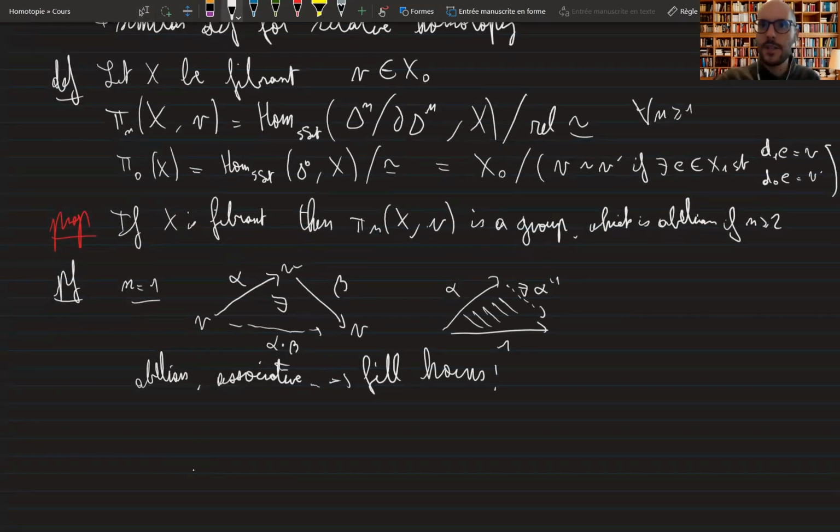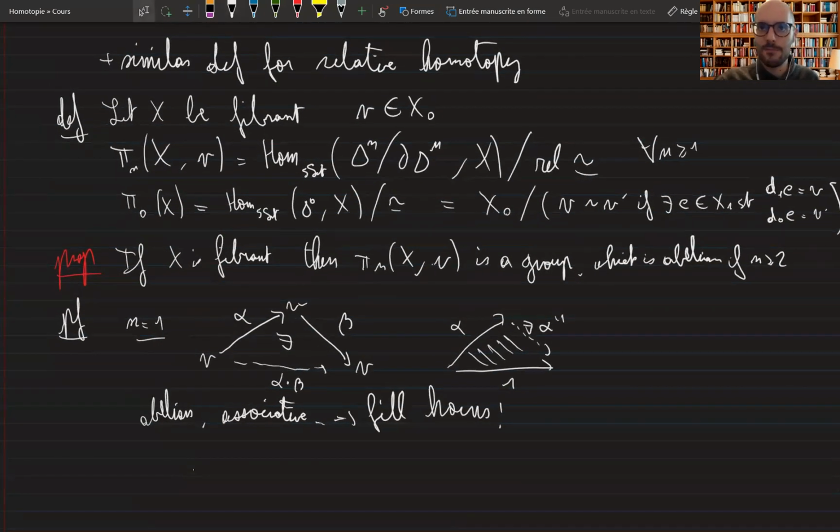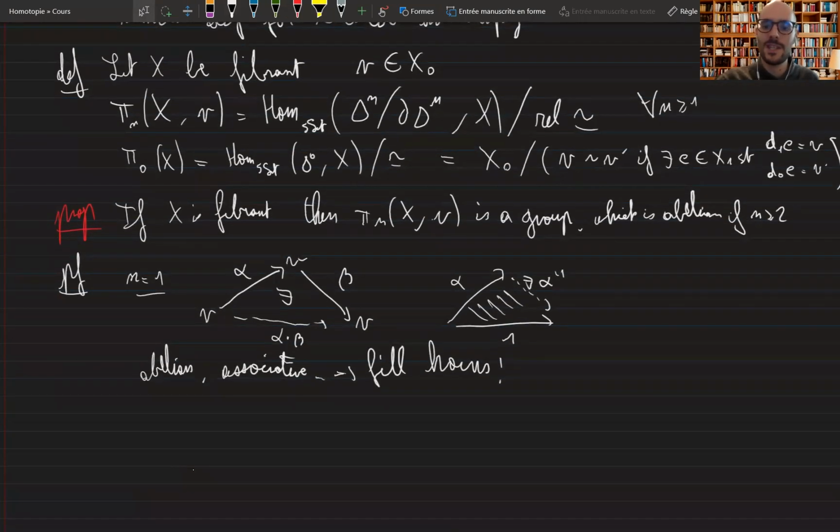So if you want precise details, you look at my notes, but it's a fun exercise to try and do it yourself, to show how associativity can be proved using filling horns, how the fact that it's abelian can be proved filling horns, and so on.